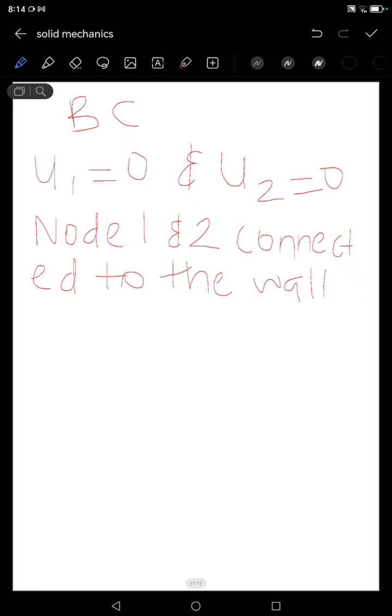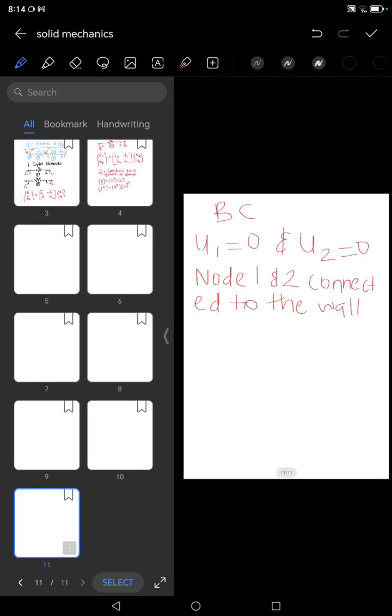We have u1 and u2, and we also have forces. At node 4, we have the force. So we can write that matrix like this. Remember, we have the global stiffness.